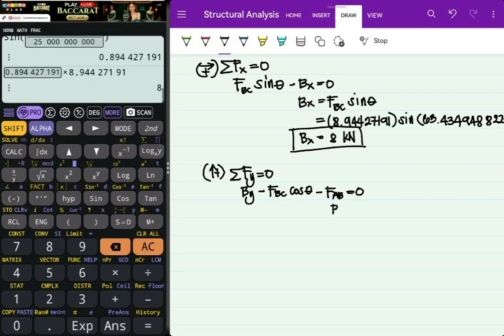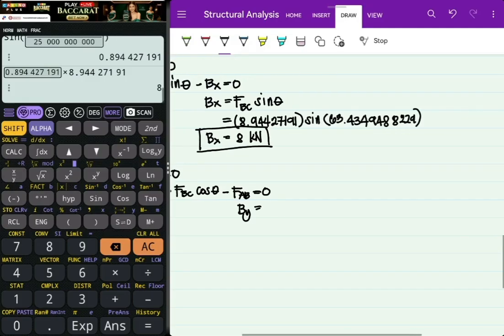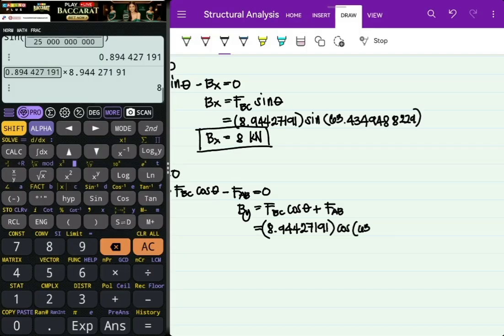So therefore, BY is equal to FBC cosine theta plus FAB. FBC is 8.94427191 cosine 63.43494882229 plus AB is 0.